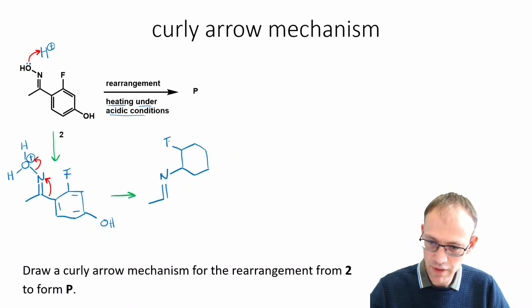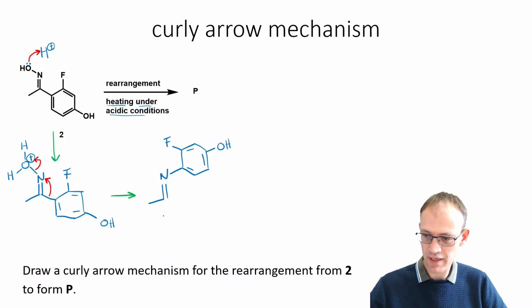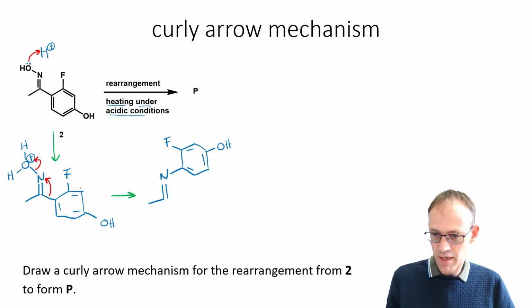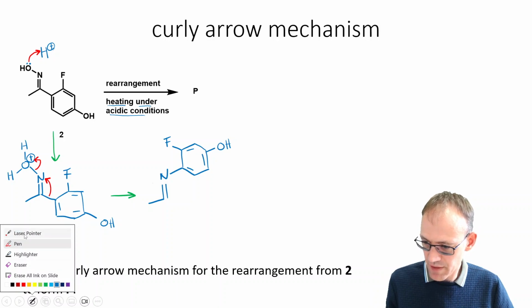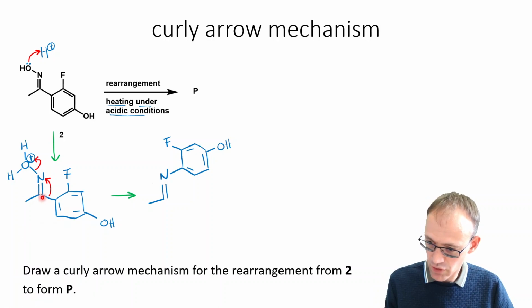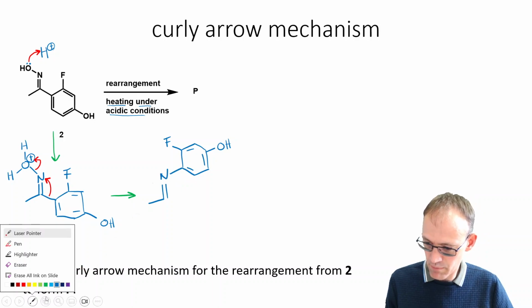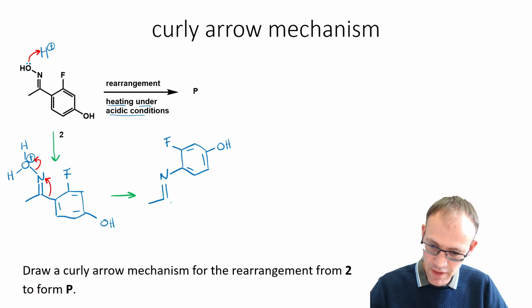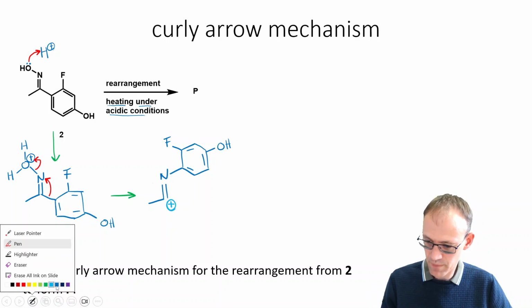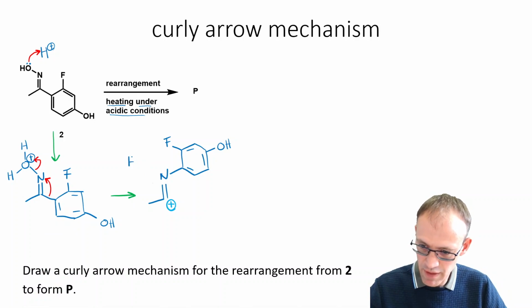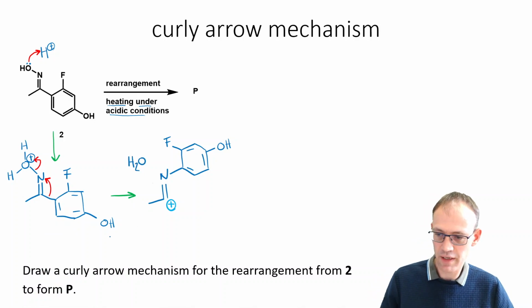My fluorine is here, the hydroxyl is here. It's still an aromatic ring, nothing has changed there. At the same time, I see that this carbon has lost its bond over here. Those electrons have moved to the nitrogen. These electrons are now this bond over here, and that means that there should be a positive charge over here, and at the same time I have formed a molecule of H2O.